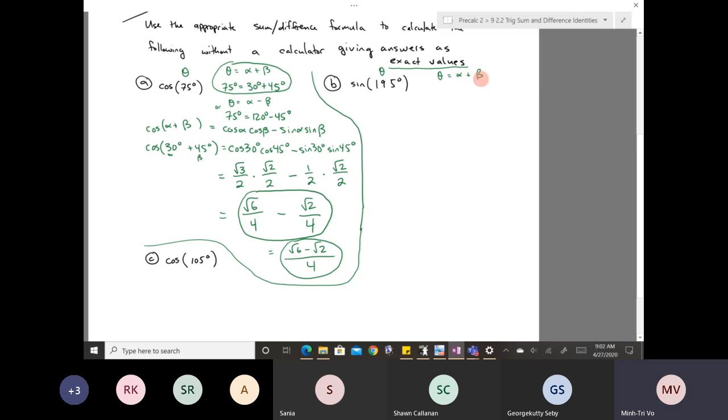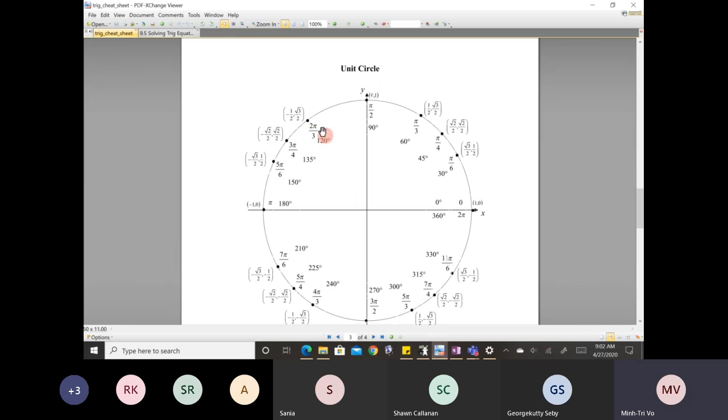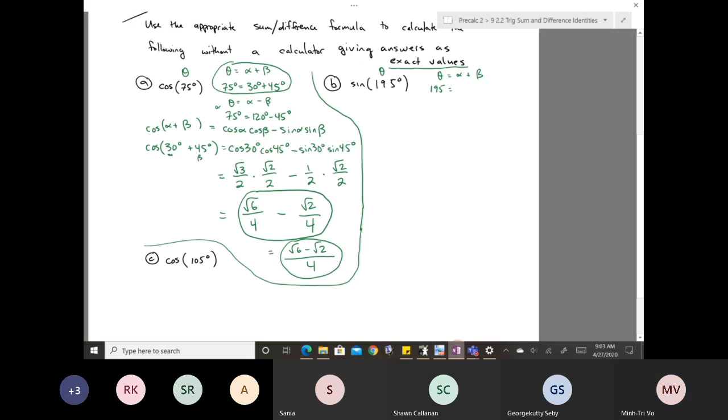So again, if say I want to do a sum, so I can do 195 as, so I need to pick out special angles. Right, so how can I do 195? Well, I can do 150 plus 45. But again, there's more than one way to do it.